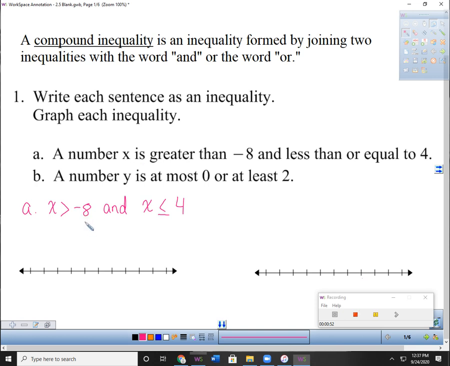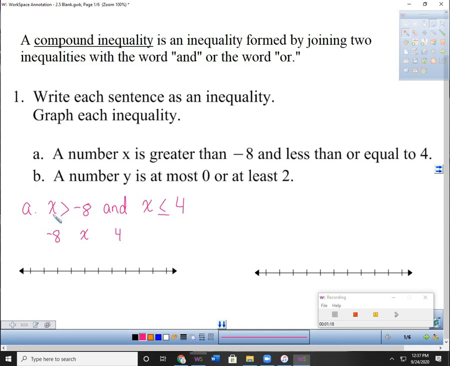And this is how that works. You're going to look at your two numbers and figure out which one is the smallest. So, -8 is the smallest, so I'm going to put that on the left-hand side. And I'm going to leave some space here, and I'm going to put 4 on the other side. And then I'm going to put X in the middle. Alright?